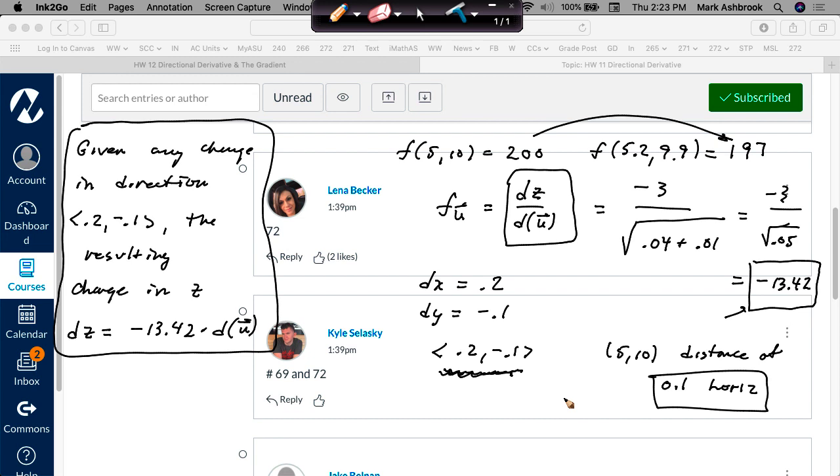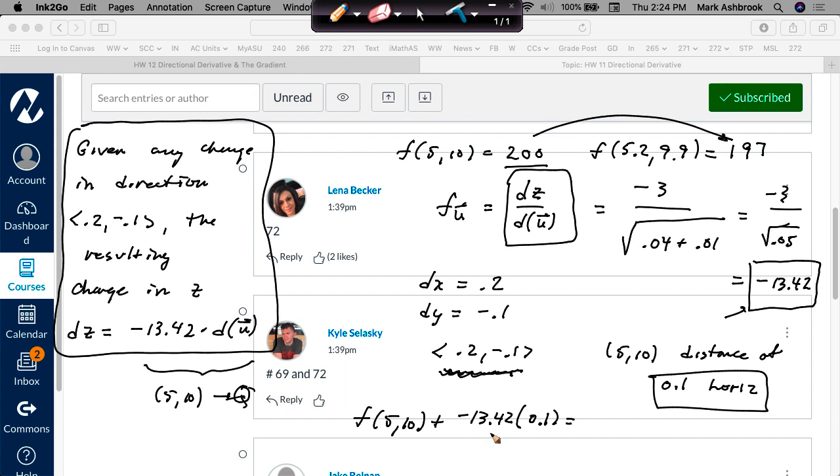So how are we going to get the new value? We're at 200, and we're going to go in that direction for this much distance. Do we multiply the negative 13.42 times 0.1 and then add it to 200? Good, yeah, because this is the change, right? This is how much change in z you'll get going from 510 to q. And then to get the new z, it'll be f of 510 plus the rate times how far we go in that direction, which is 0.1.